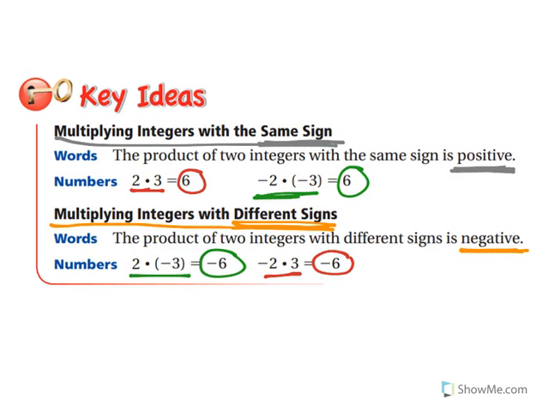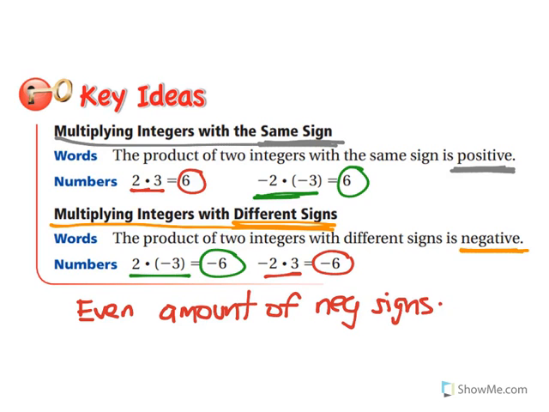Something else I wanted to show you at this point is that you can count the number of negative signs to find out if the answer is positive or negative. If I have an even amount of negative signs, I get a positive answer.